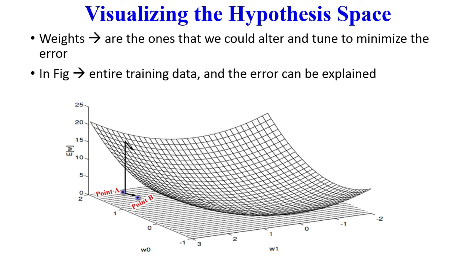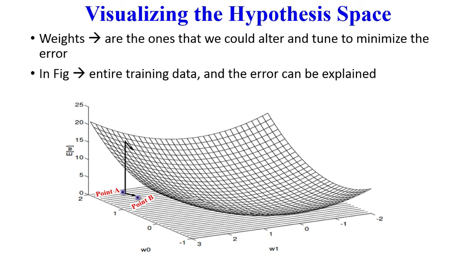Typically, before gradient descent would start to even explore the hypothesis space of possible weights for the neural network, we would have to initialize our weights to some random values. Notice point A in the figure on the W0 W1 plane, which corresponds to this randomly initialized set of weights.